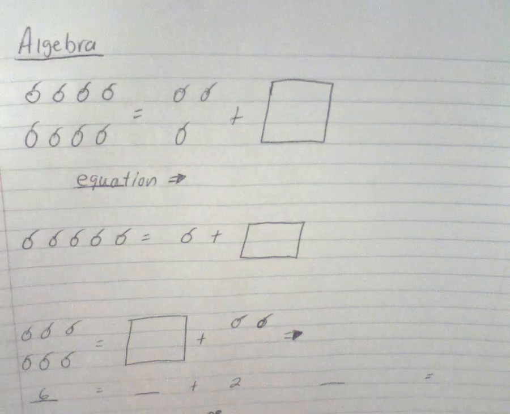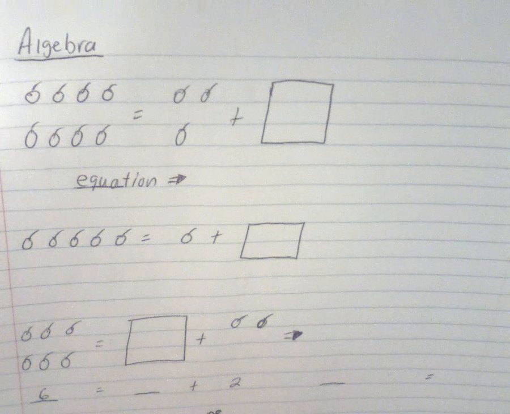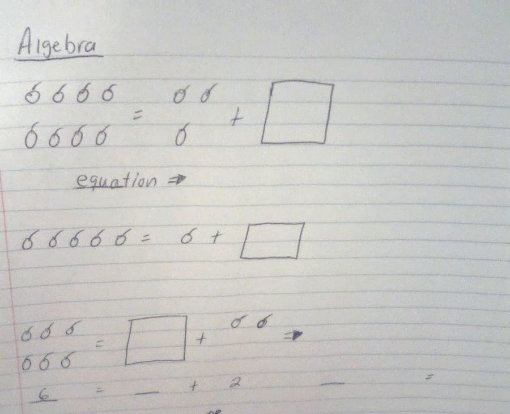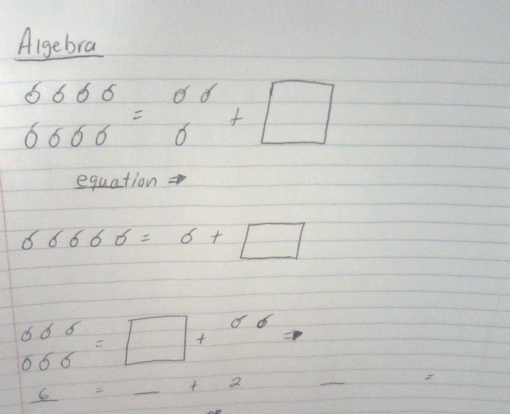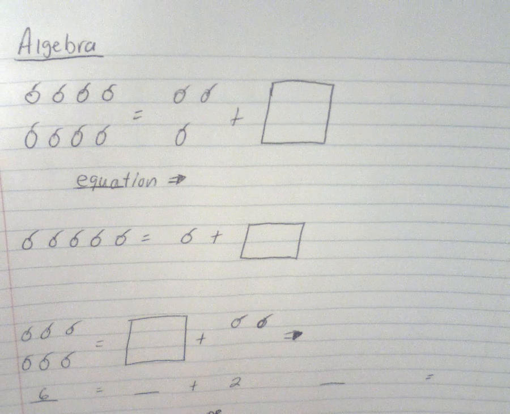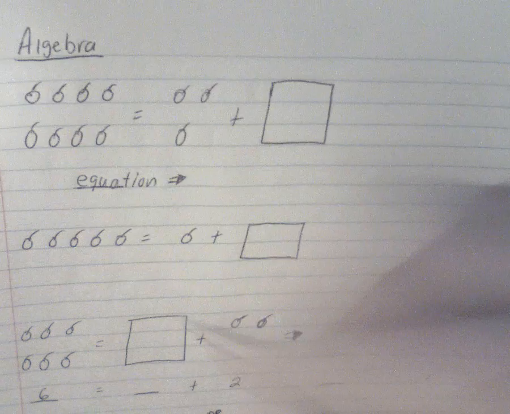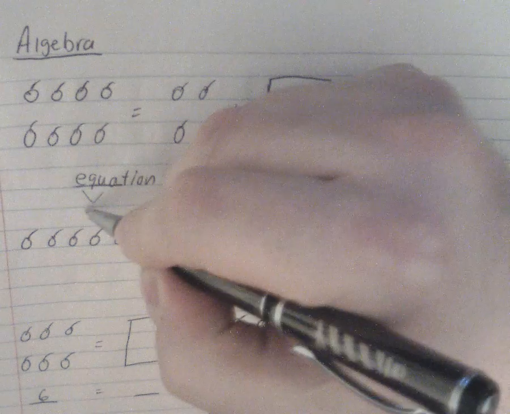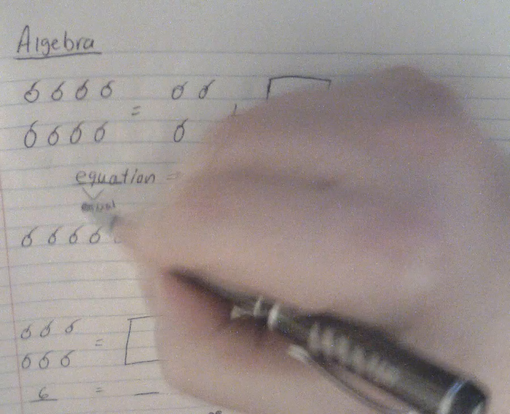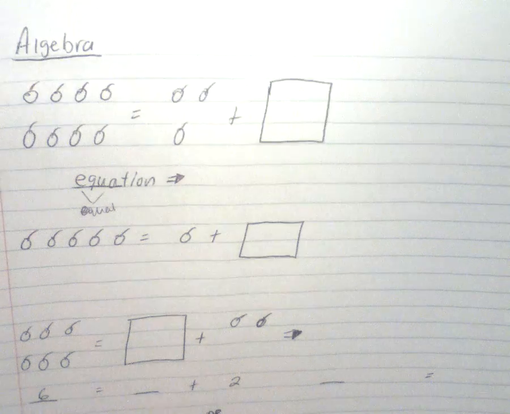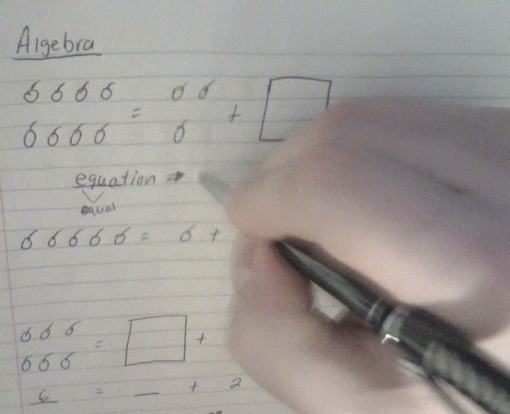If you look at the first four letters of equation, it should look similar to a word that you know that you use in math all the time, such as 4 times 4 equals, so equal.